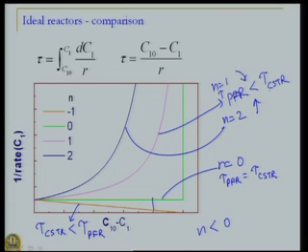For those reactions where rate is independent of concentration, the plug flow reactor and CSTR both perform equally well, and this is to be expected, because the concentration variation does not change the rate of reaction. So, whether it drops down instantaneously or decreases gradually, both are the same as far as performance is concerned. But for those reactions for which the rate increases as concentration decreases, a CSTR is a better reactor than a plug flow reactor.